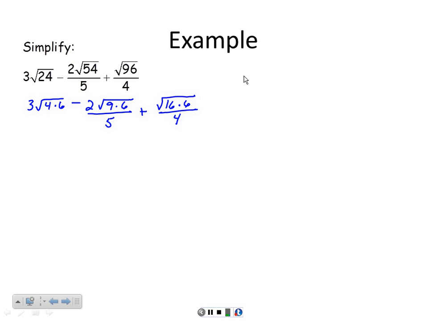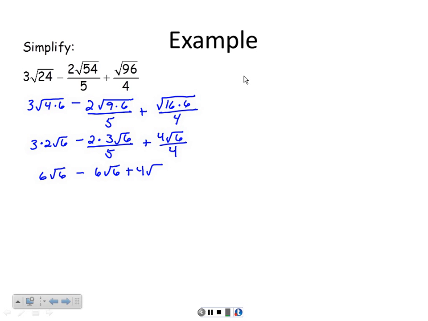So if we keep simplifying, we're going to have 3 times 2 square root of 6 over 4, minus 2 times 3 square root of 6 over 5, plus 4 square root of 6 over 4. And so now, finish this multiplication, we'll have 6 square root of 6 minus 6 square root of 6 plus 4 square root of 6.